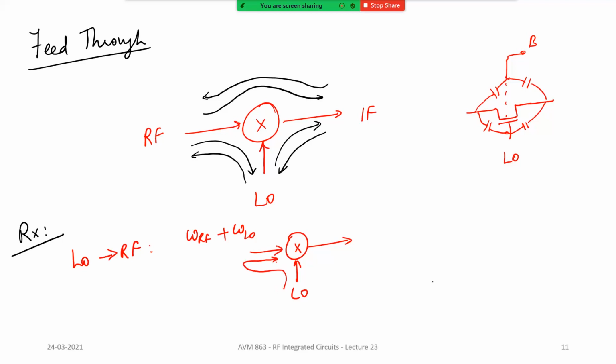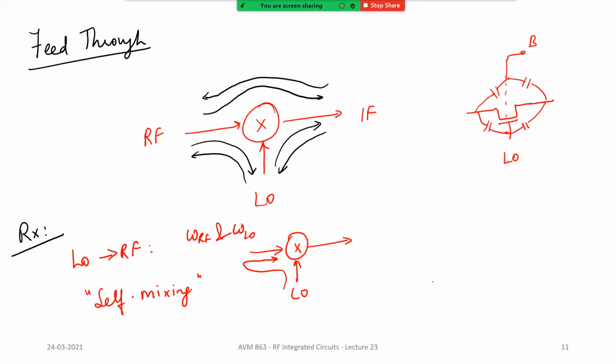This is what is called self-mixing. This phenomenon is called self-mixing, where the LO leaks into the RF port, and now the signal actually coming into the mixer has both an omega RF tone and an omega LO tone.